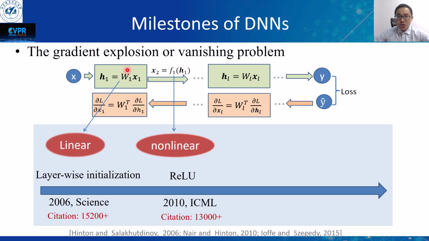The transformation between layers consists of a linear mapping with learnable parameters and a nonlinear activation function. While their deep and complex structure provides them powerful representation capacity and a major advantage in learning feature hierarchies, it also makes their training difficult. For example, the gradient explosion or vanishing problem.